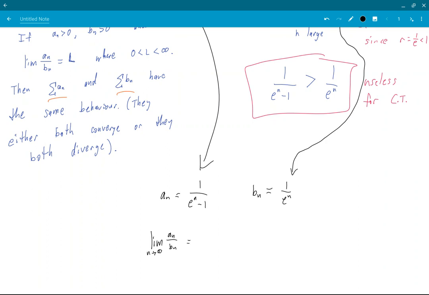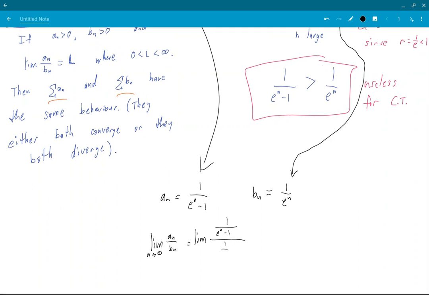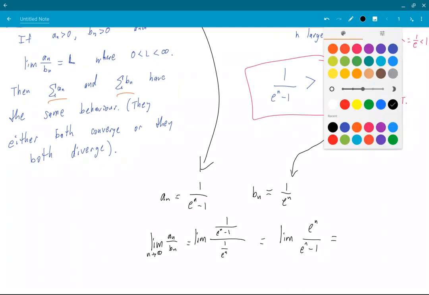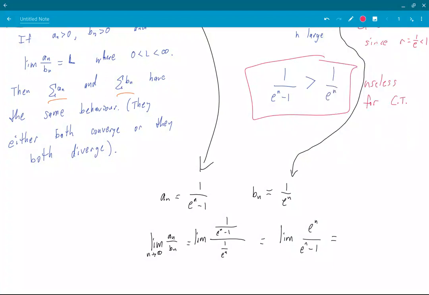And so what do you get? Well, the limit of, oh, that's too big. I start with the big one, 1 over e to the n minus 1, over 1 over e to the n. Okay, so flip and multiply, you get e to the n over e to the n minus 1, which is equal to, so at this point in the course, I'll allow you to do what's called dropping non-dominant terms.